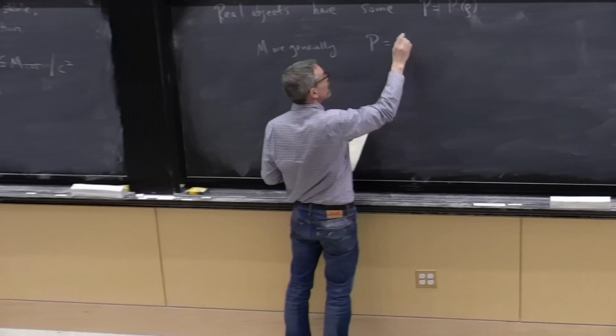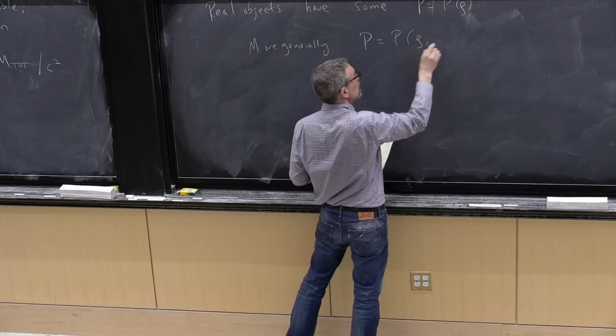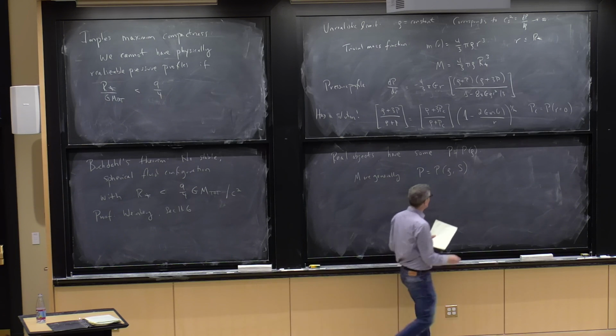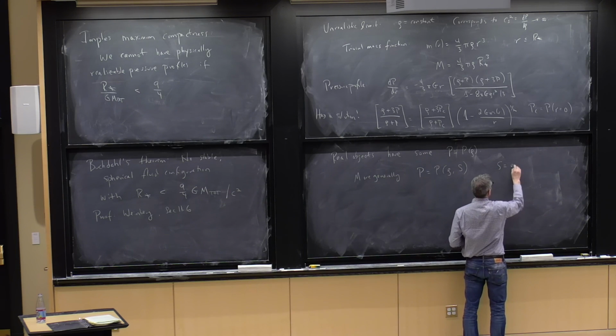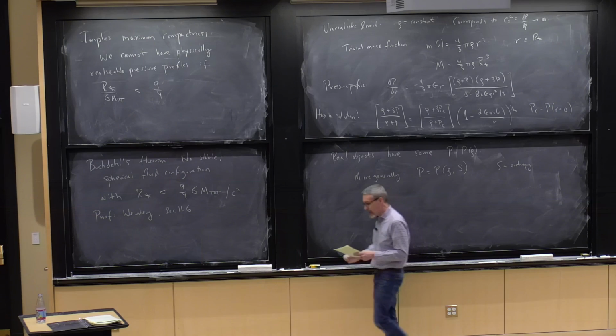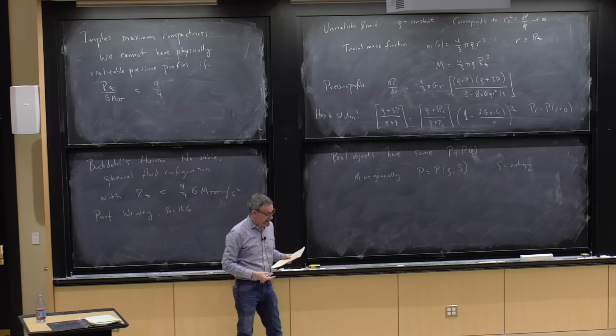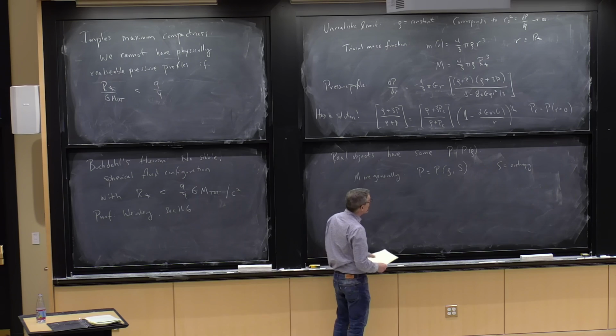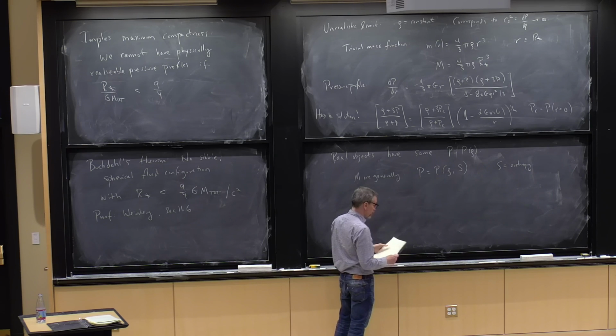The equation of state relates the pressure to local density and S, where S is the entropy. For the kind of applications where general relativity tends to be important, for instance, when we're studying the stellar structure of a neutron star, the fluid ends up being so cold that you don't need to worry about the entropy.